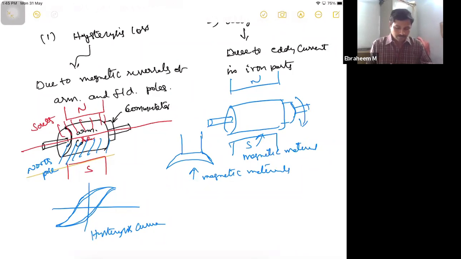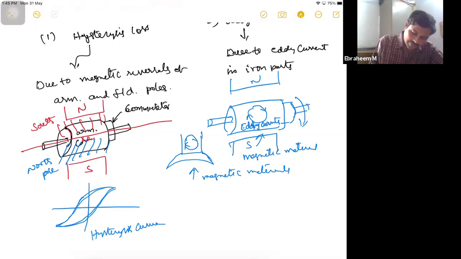Because of this process, you will have currents circulating in the core. These are called eddy currents.